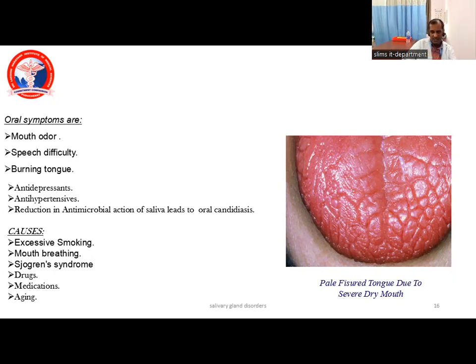And looking into the symptoms, you can most commonly expect a pale fissured tongue if the patient has severe dry mouth, or total absence of saliva. They end up with a pale fissured tongue due to severe dry mouth.